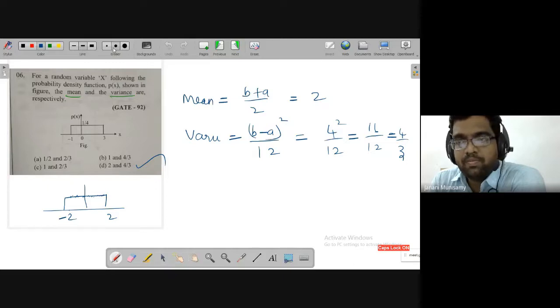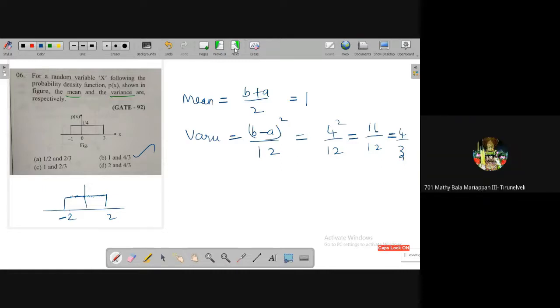Mean is 1. Yes, mean is 1. So b plus a is given, b plus a means 3 minus 1 is 2, 2 by 2 is 1. So answer is B only. Correct? B.